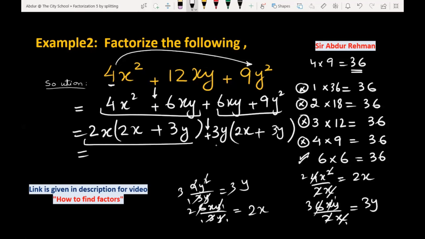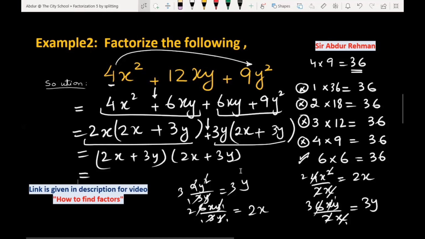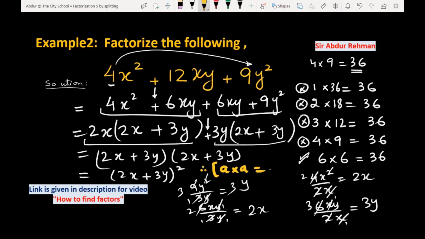So there are two terms here, and 2x plus 3y is common. So 2x plus 3y, and the other factor is also 2x plus 3y. By using the law of indices, you can write it as 2x plus 3y whole square, because the law of indices is that a times a will be a square.